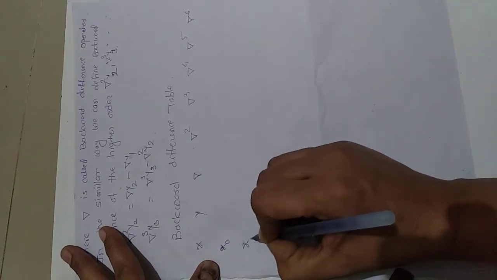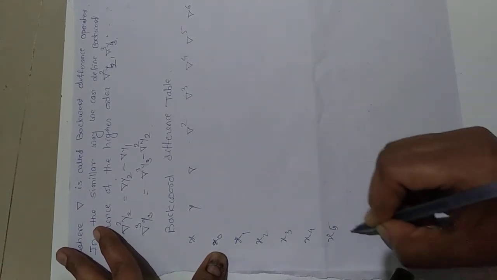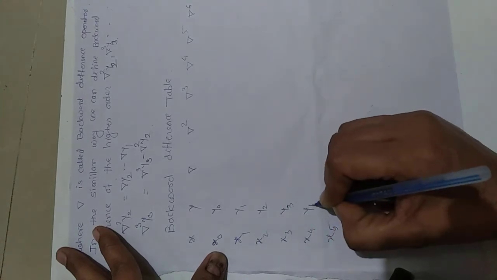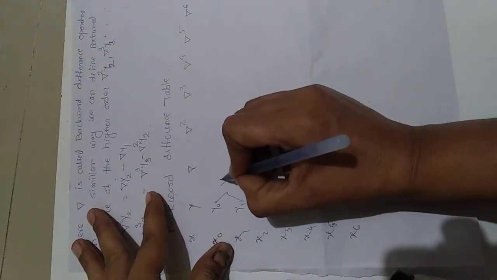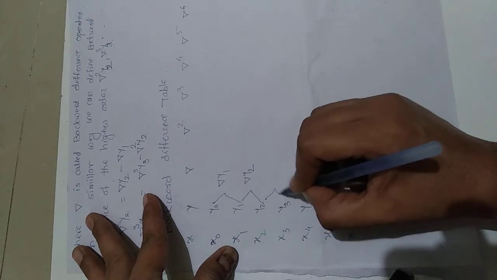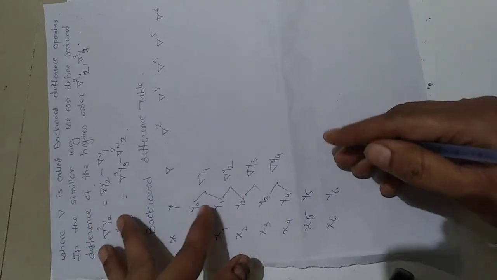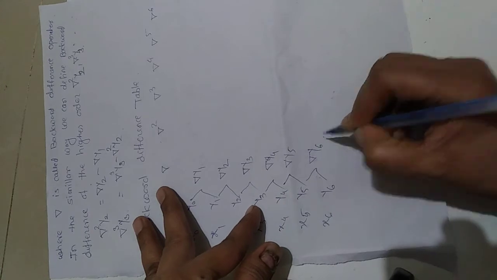Then write the values of x, that is x0, x1, x2, x3, x4, x5, x6, and the values of y, y0, y1, y2, y3, y4, y5, y6, and the difference between y0 and y1, the difference between these two, that is del y1, and the difference between these, del y2, del y3, del y4, del y5, and del y6.